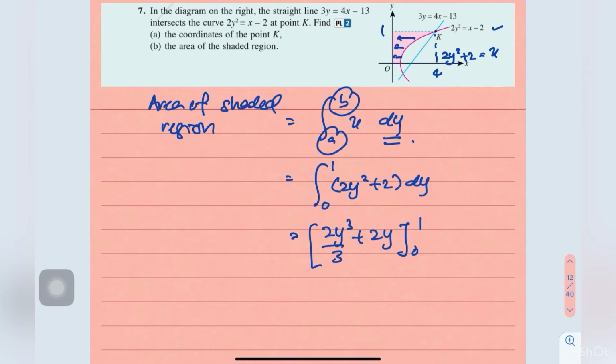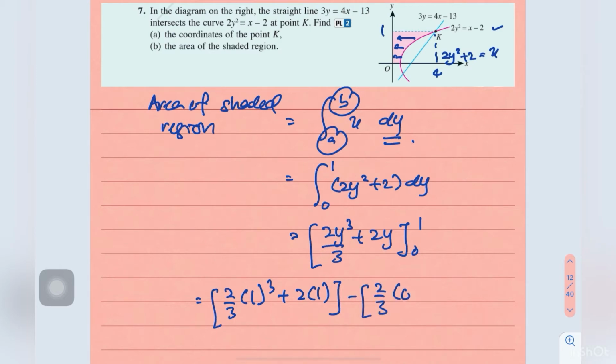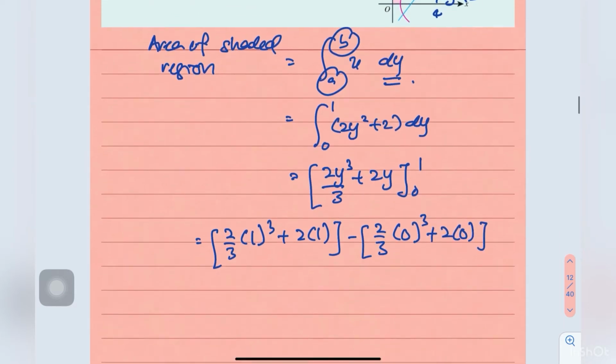Then substitute the upper limit: 2/3 (1 cubed) + 2 times 1, minus the lower limit: 2/3 (0 cubed) + 2 times 0. So this one will be 8/3 unit squared.